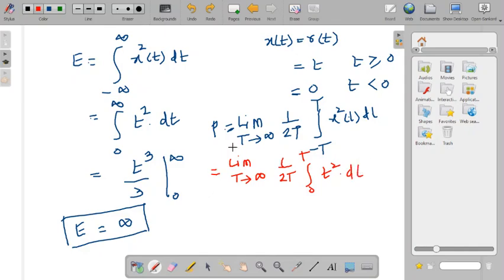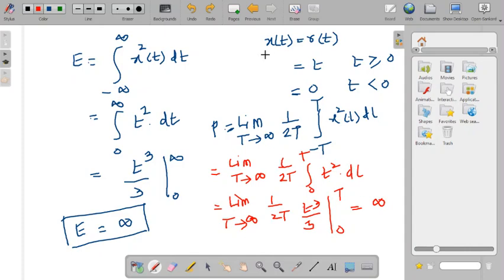The integration of this will be t cube by 3, with lower limit 0 and upper limit t, and here t tends to infinity, and therefore this answer is also infinity.